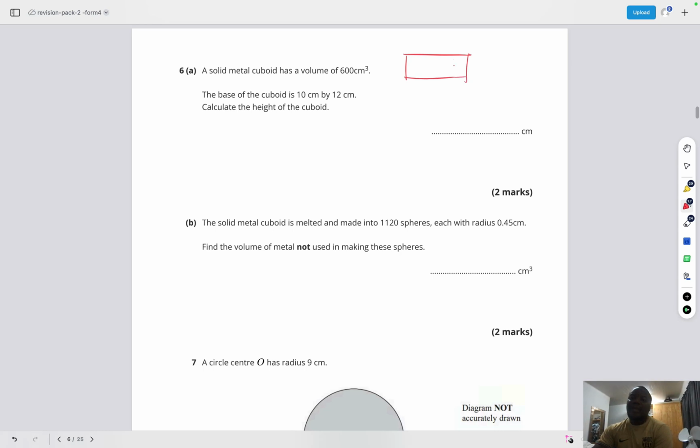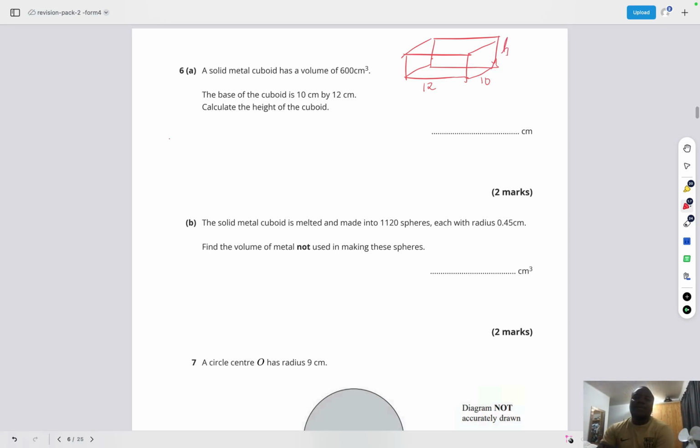If you want to make a diagram, we can make this as our cuboid. So that is our cuboid there. We draw the cuboid. So this base here, you are told it measures 10. So let's say this is our 12, this is our 10, and then we actually don't know the height.